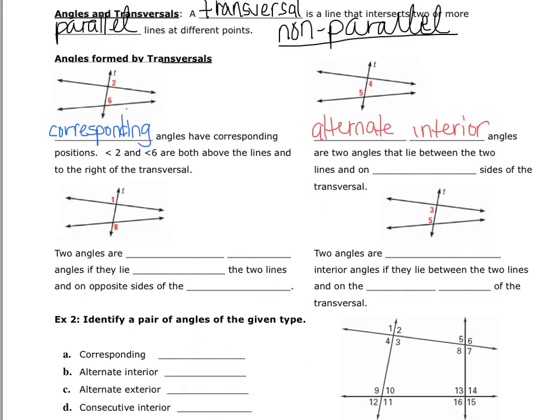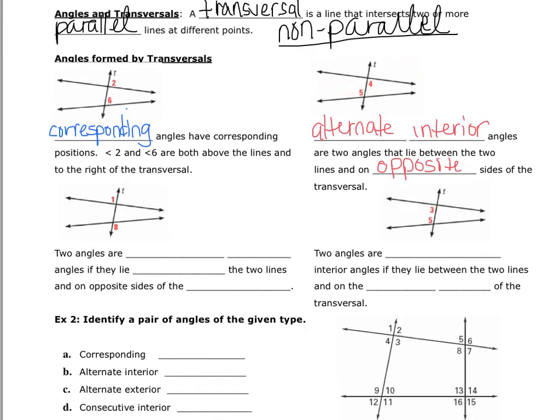So alternate interior angles are two angles that lie between the two lines, and they are on opposite sides of the transversal. That's where the word alternate comes in. Do you see how 5 is on the left and 4 is on the right? They alternate sides of the transversal. They're flip-flopping back and forth, but they're inside the lines.